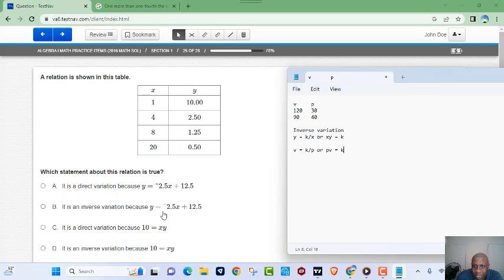This is not in that form. And let's just see if it makes sense. x times y equals k. Well, 1 times 10 equals 10. 4 times 2.5 equals 10. 8 times 1.25 equals 10. 20 times 0.50 equals 10. So D, inverse variation, follows the form right here.